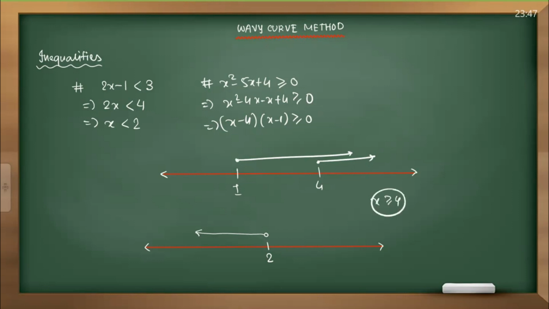Is this the answer? No. For this type of problem, we need a very powerful tool that we know as the wavy curve method. It means there will be a wave like this. Now, how will this wave help us in finding our solutions? We will try to find it out.